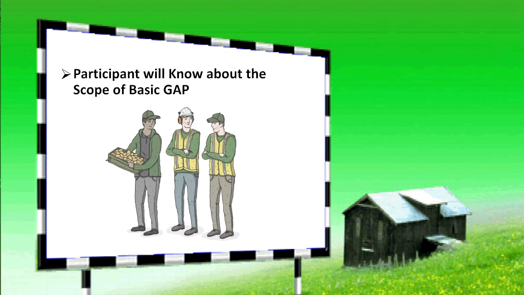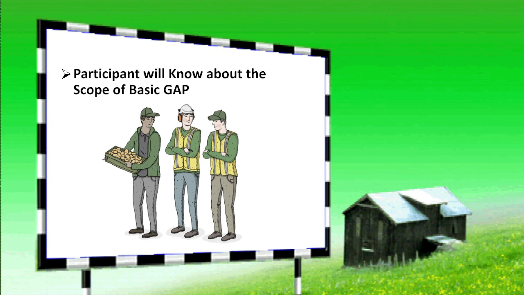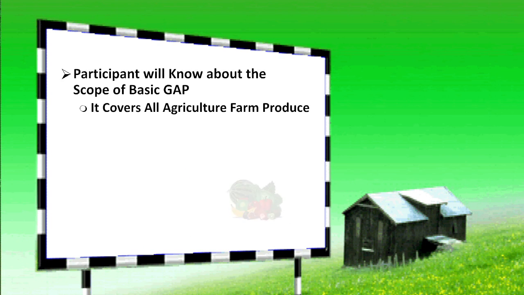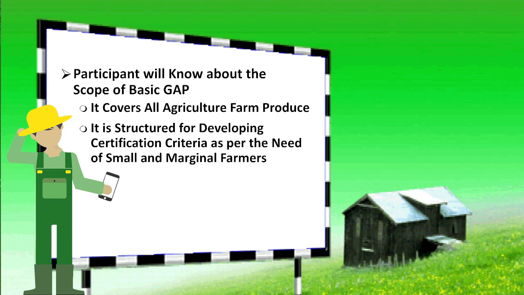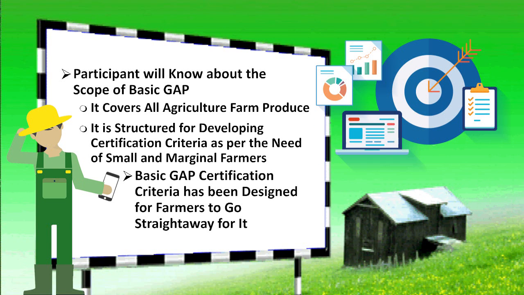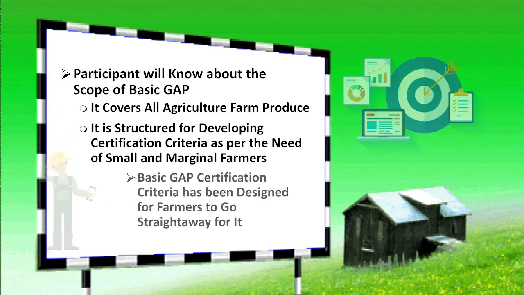Participants will also get to know about the scope of basic GAP, which covers all agriculture farm produce. It is structured in a manner to address the small and marginal farmers by developing certification criteria which suit their needs. For small farmers and large farms, basic GAP certification criteria have been designed so that they can go straight away for it.